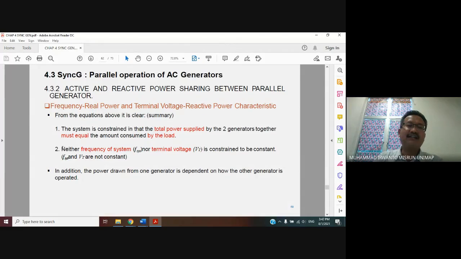Second, neither the frequency of the system nor the terminal voltage is constrained to be constant. In the normal condition, frequency and terminal voltage should be constant, but in reality they will fluctuate. The fluctuation will be controlled by the governor and the excitation system.